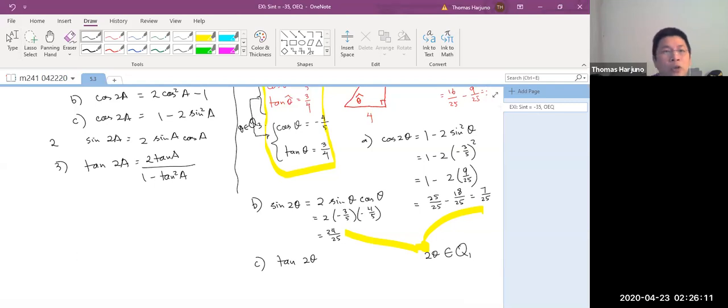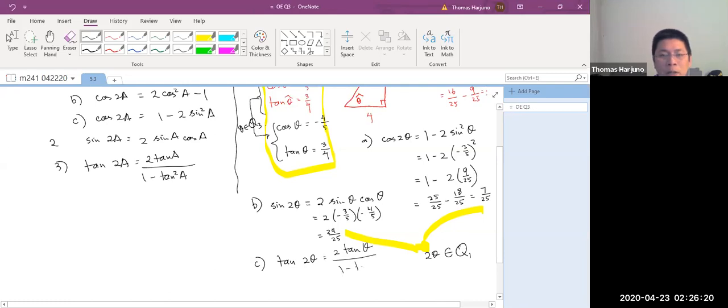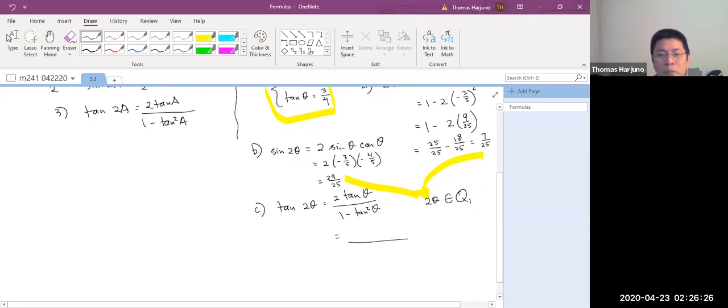Now let's go back to tangent 2 theta. This is 2 tangent theta over 1 minus tangent squared theta, which will be 2 times 3/4 over 1 minus 3/4 squared.